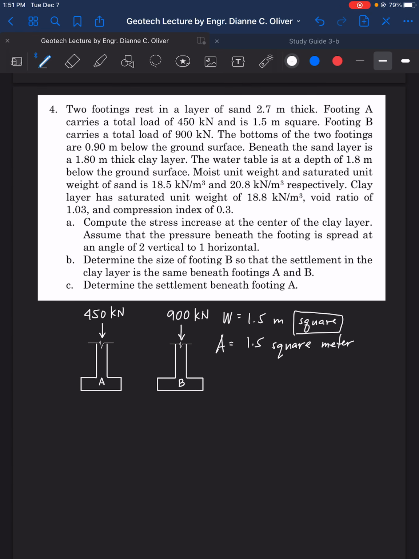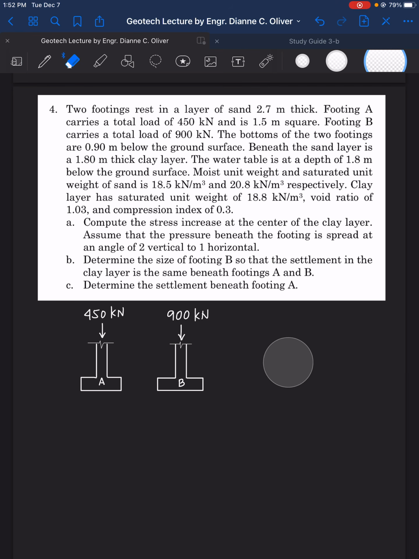If you look at the footing on top view, it's a 1.5 meter by 1.5 meter square. That's what the problem meant. So let's write here 1.5 meter by 1.5 meter. For footing B, there's no mention of the dimension. Let's continue to read.